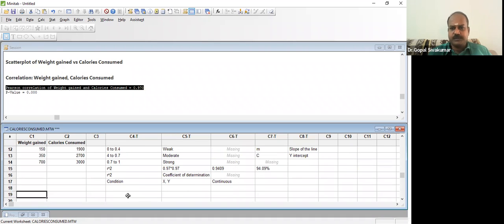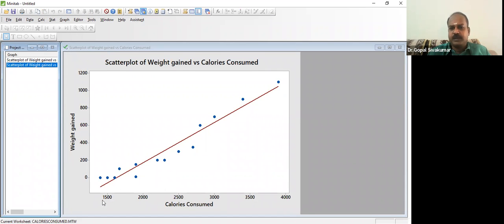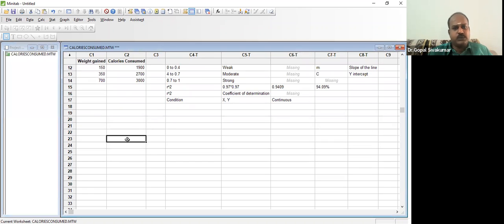So what is regression? We have to frame the mathematical equation, or we have to generate the equation of the red color line. The equation of the red color line should be obtained. So we'll do that.